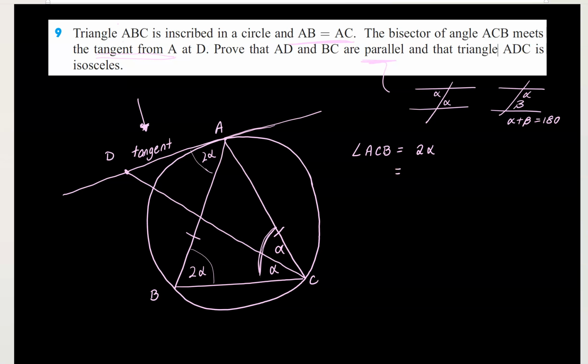And that equals angle ABC. And why was that? Because we had an isosceles triangle. And we also have angle DAB equals angle ACB, which was 2 alpha. And why was that? That was the tangent chord theorem.